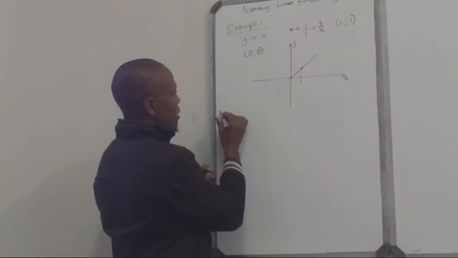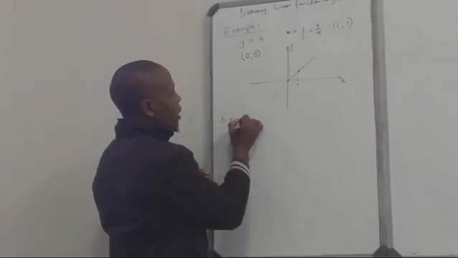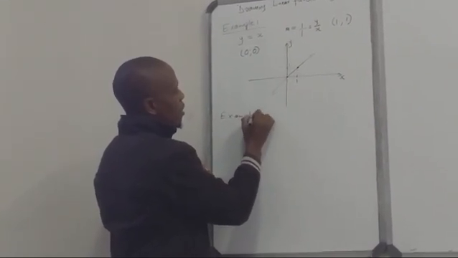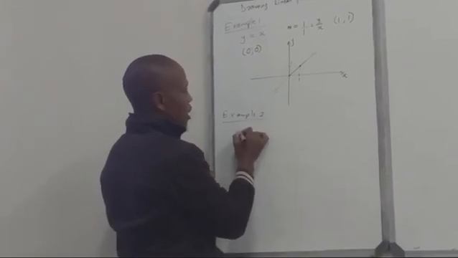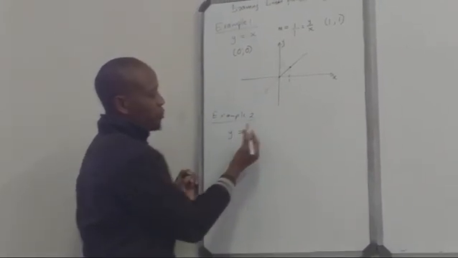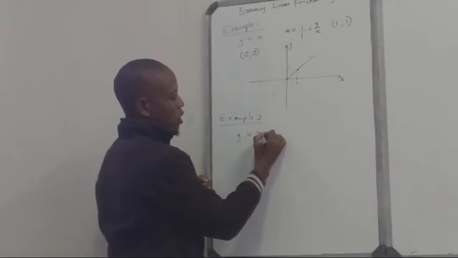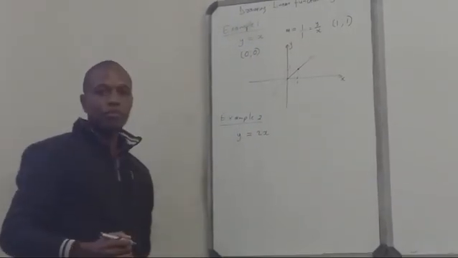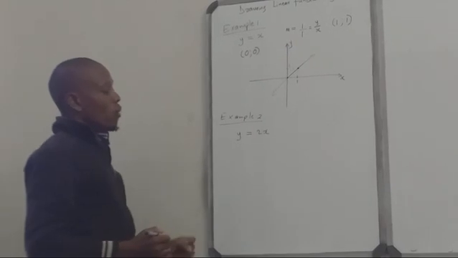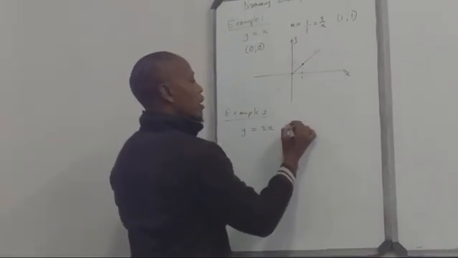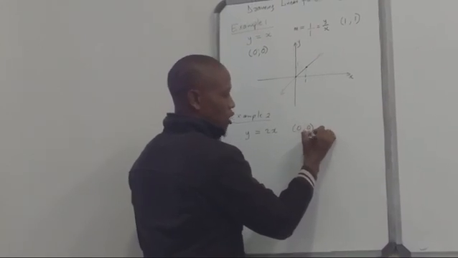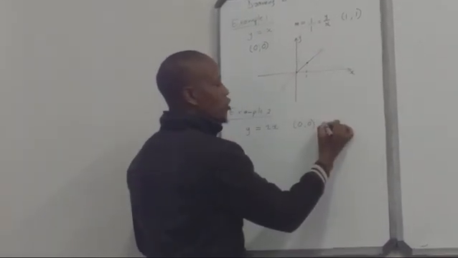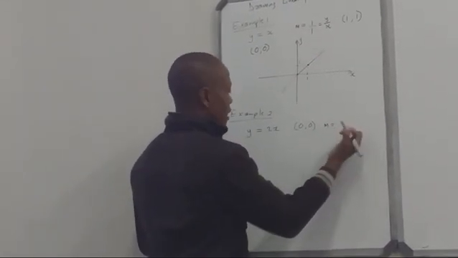Let's give another example. Example 2. Let's say we are having y equals to 2x. You know your first point is 0 and 0. Your second point, how do you get it? By looking at the gradient.